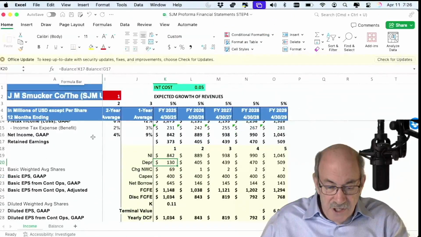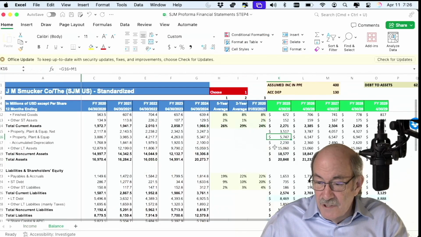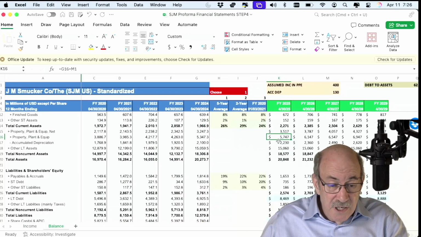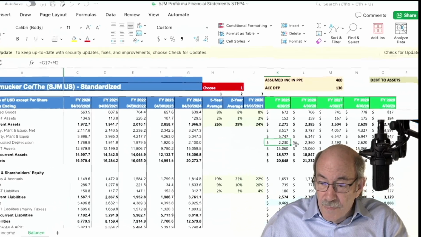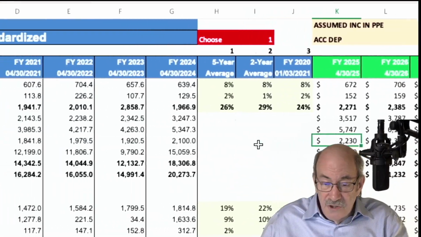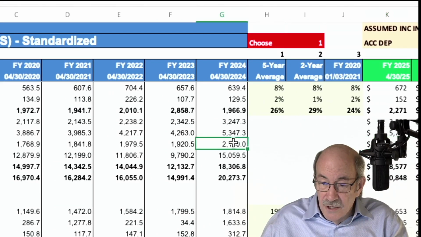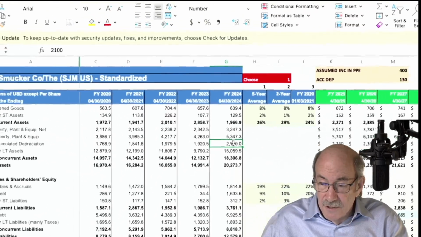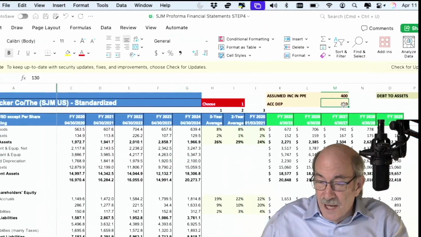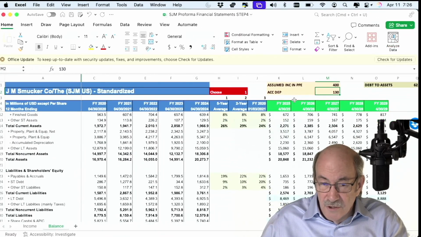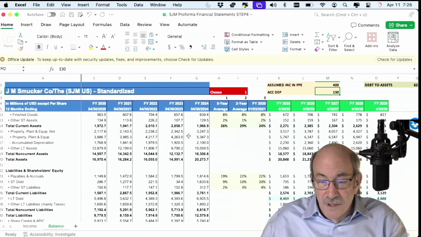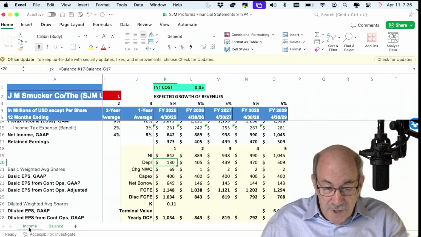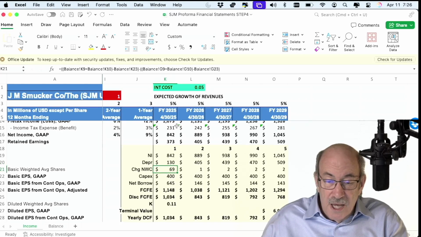So let's go to the balance sheet and look at K17 minus G17. K17 is right there, and G17 is right here. So that amounts to $130, which corresponds, of course, to what I set up as my accumulated depreciation increase each year. So that's what that number is. Let me go back to the income statement. And then change in net working capital.